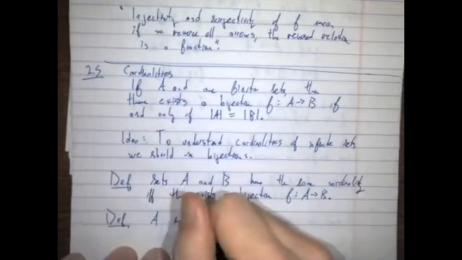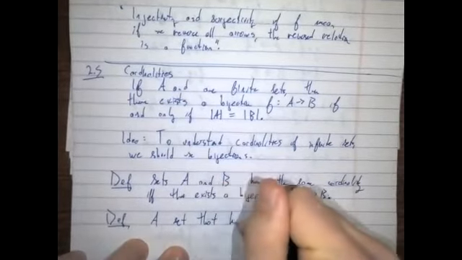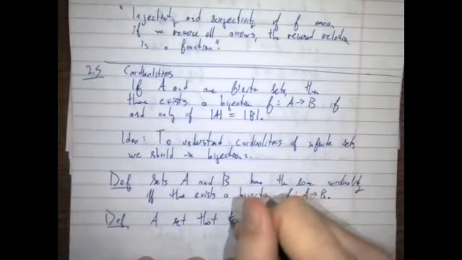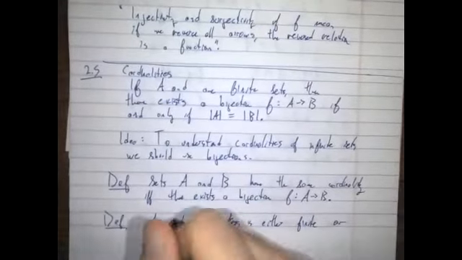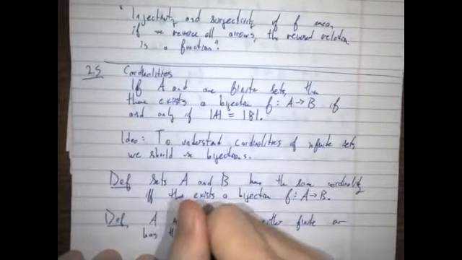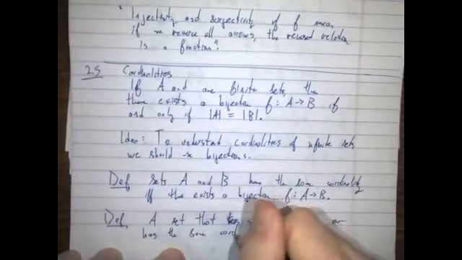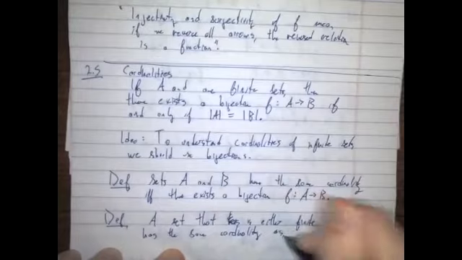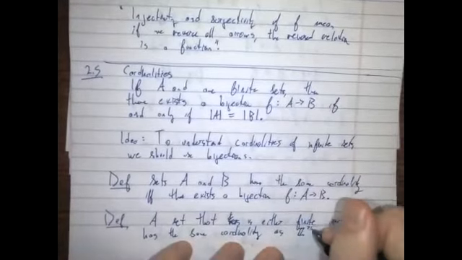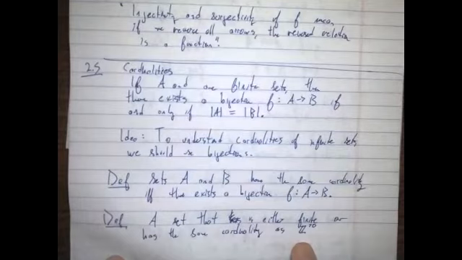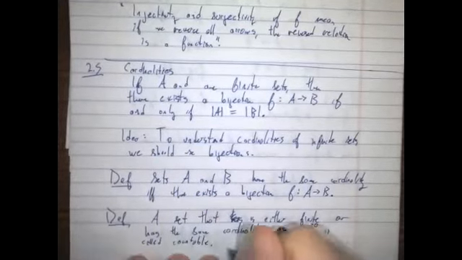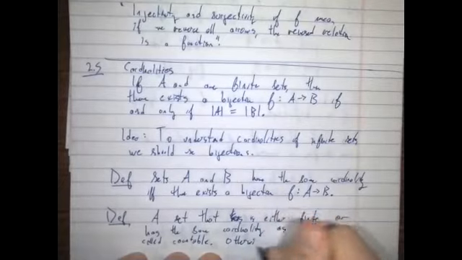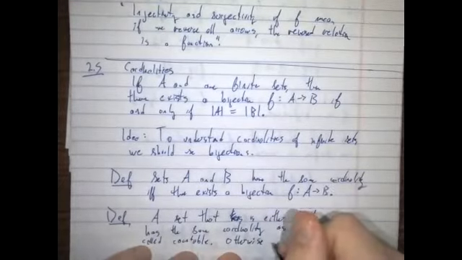A set that is either finite or has the same cardinality as Z greater than 0, or the positive integers, is called countable. Otherwise, it is called uncountable.